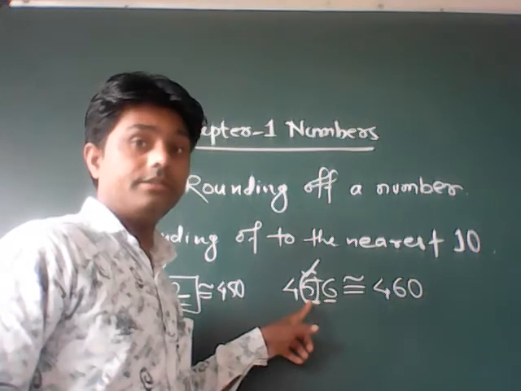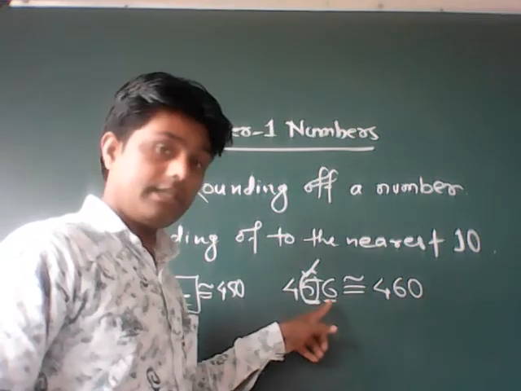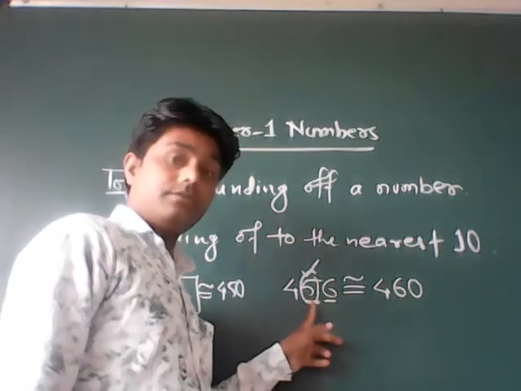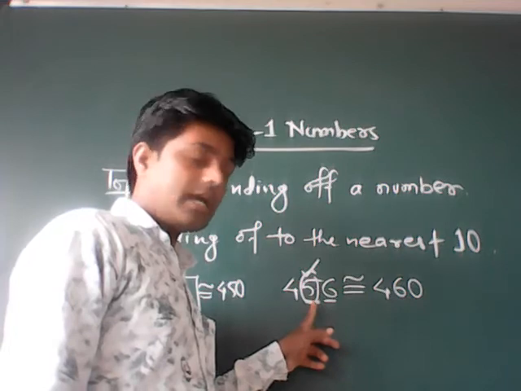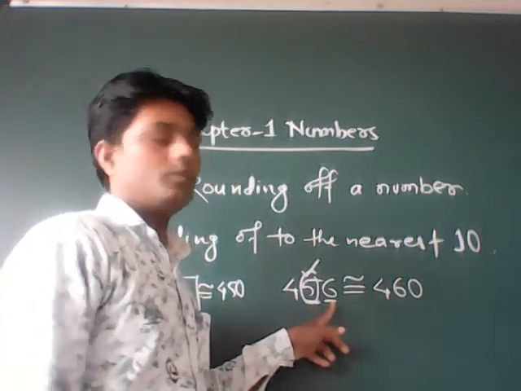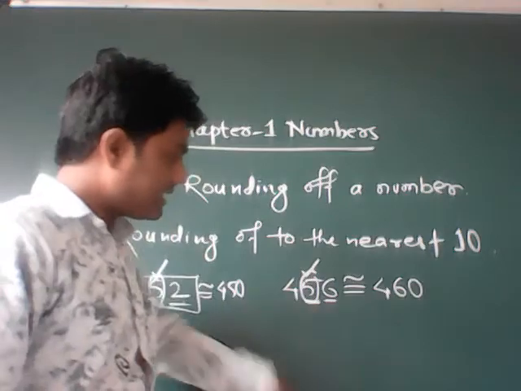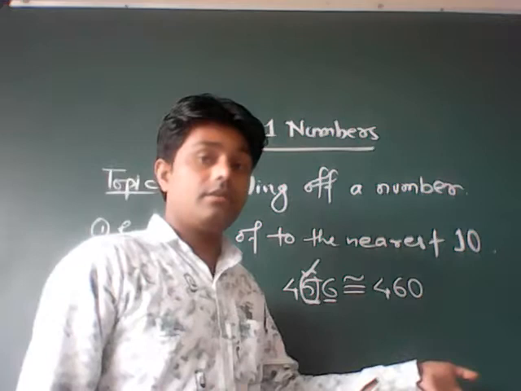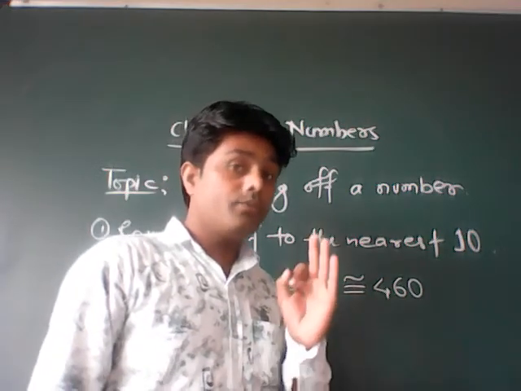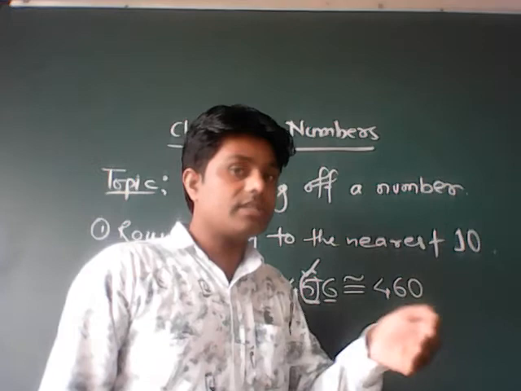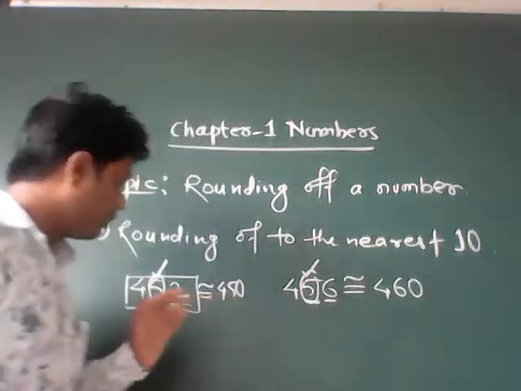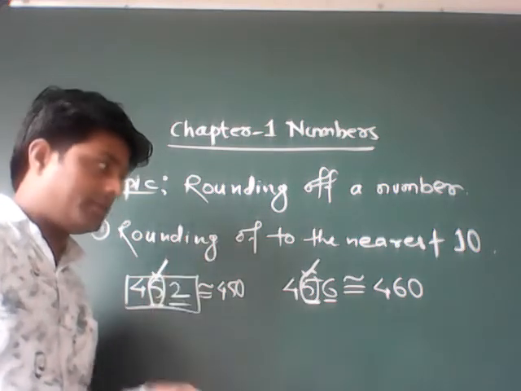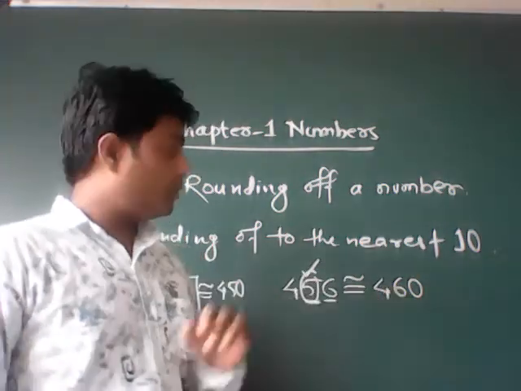So if the digit is 5 or more than 5, we add 1 to the tens place and make the ones place 0. Look at 460, 456 has become 460. So 456 is nearest to 460. Yes or no? But 452 is nearest to 450, and 456 is nearest to 460.